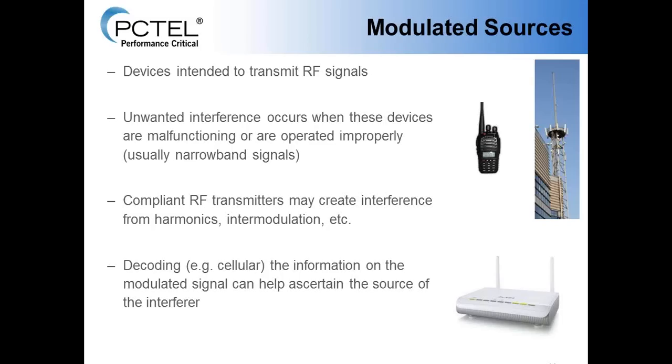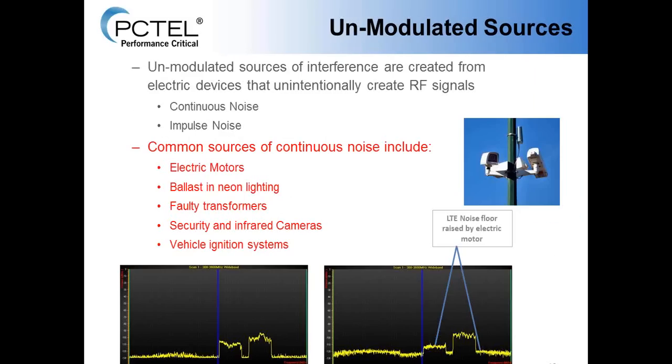Common sources of continuous noise interference could be electric motors that operate continuously, the ballast in neon signs and neon lighting, faulty transmitters and faulty transformers, security and infrared cameras, and vehicle ignition systems.